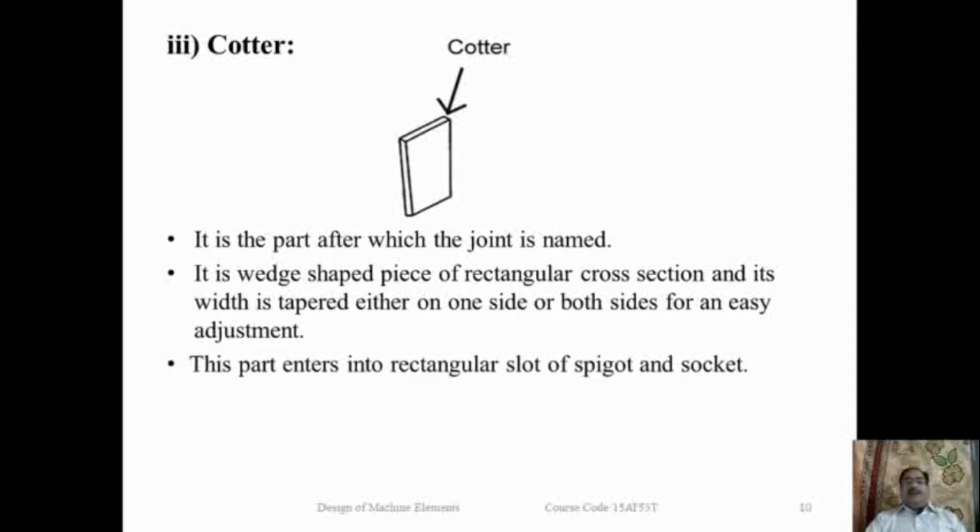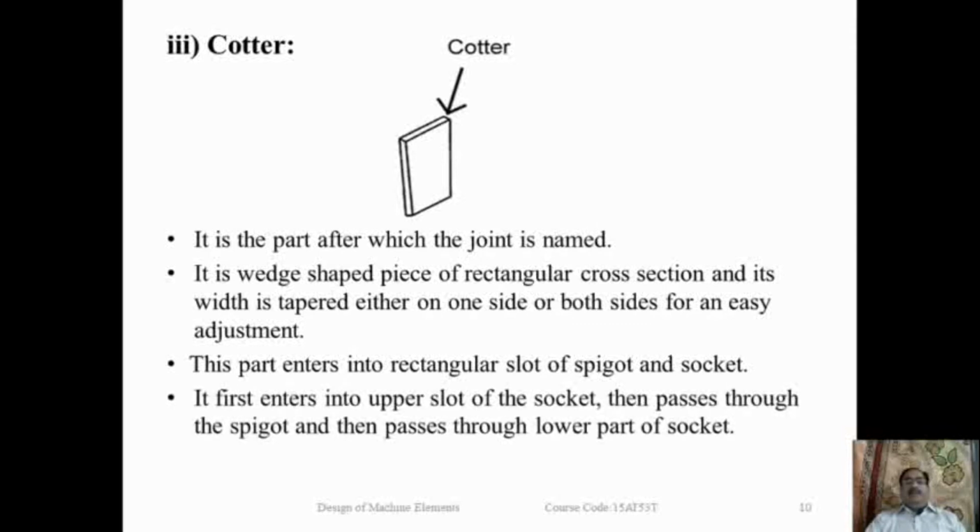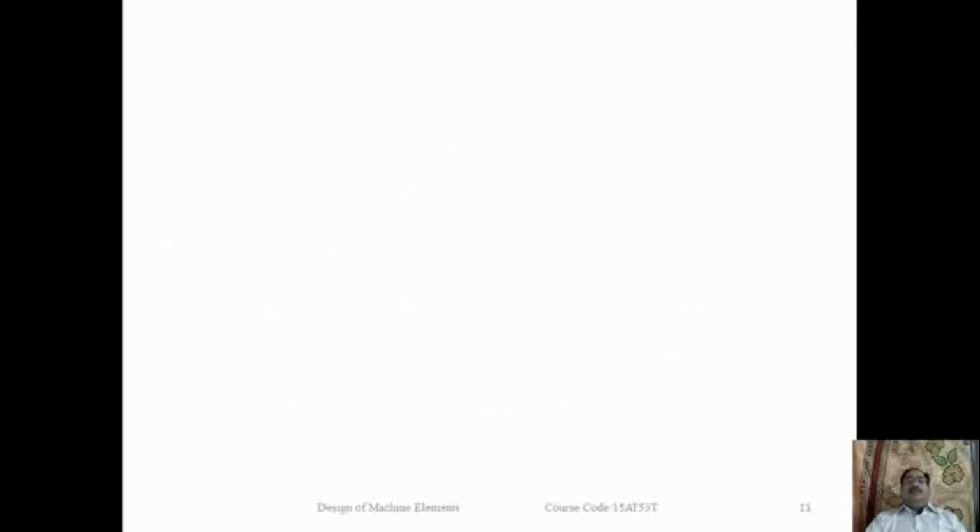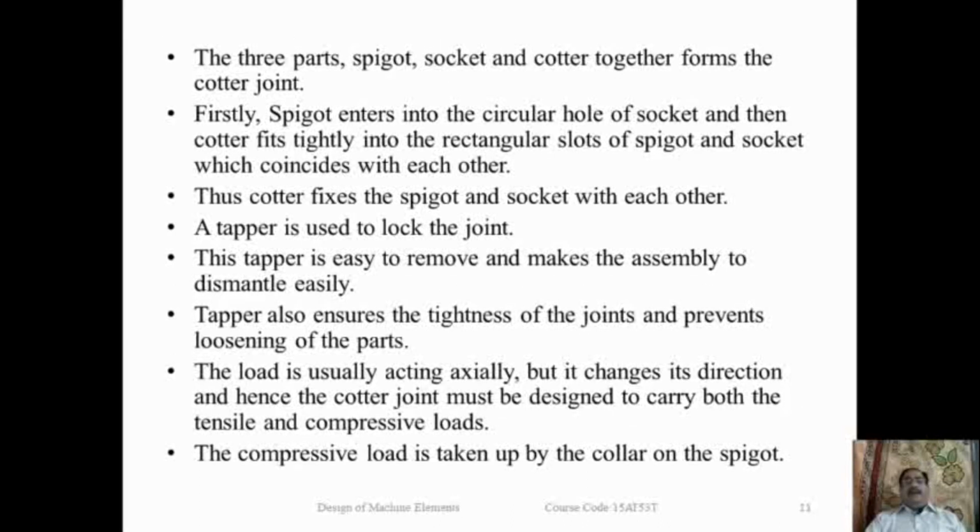This part enters into the rectangular slot of the spigot and socket. It first enters the upper slot of the socket, then passes through the spigot and then through the lower part of the socket. Once again, I will explain how it is connected to the two rods.